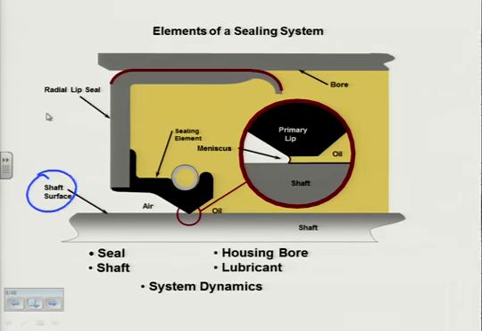What should the shaft surface look like in order to maximize the life of the element that's shown here? The primary lip is the one that's holding, in this case, the oil back from going outside. One of the things they're showing here is that there's a little interface so that the primary lip is being supported by the fluid that it's trying to retain as well.